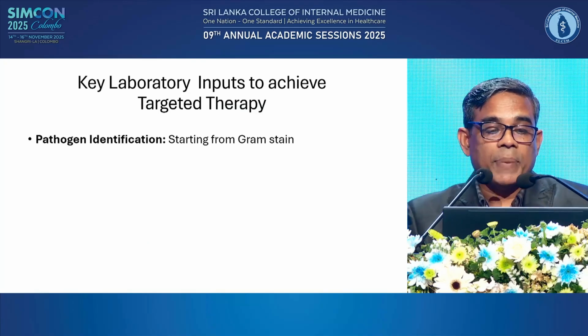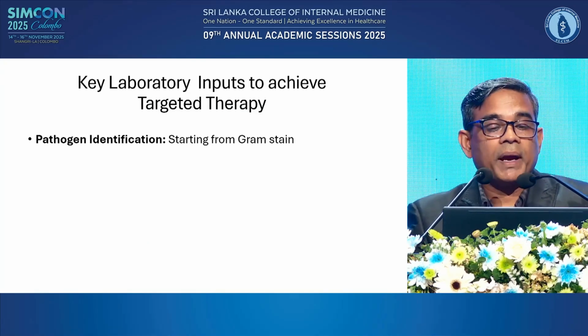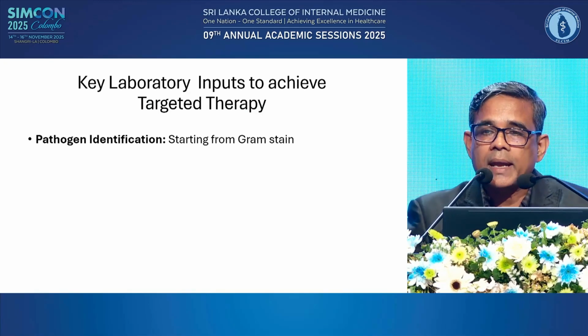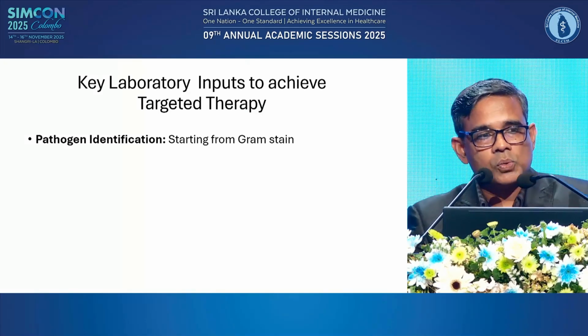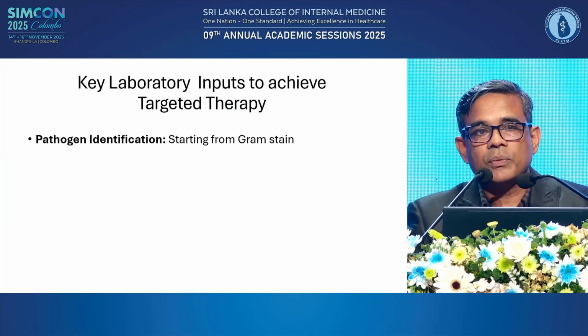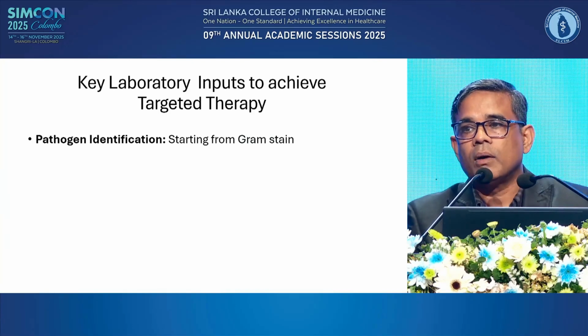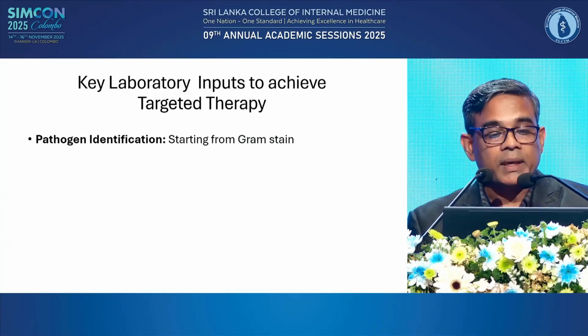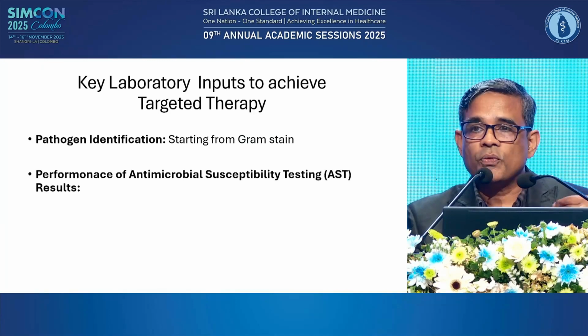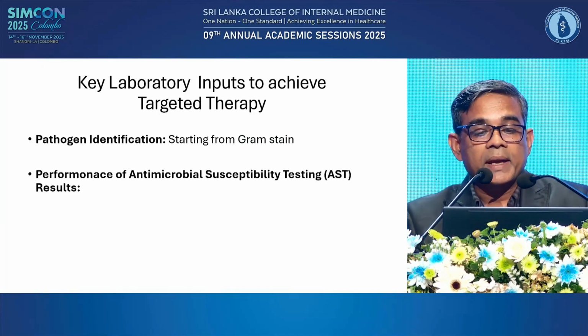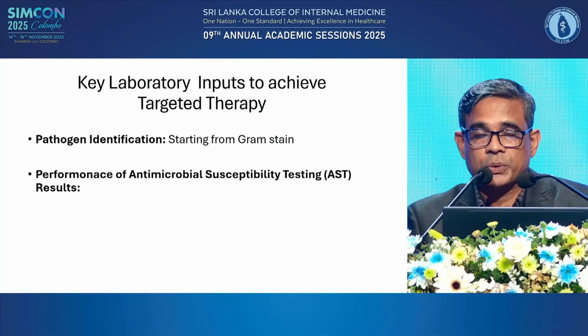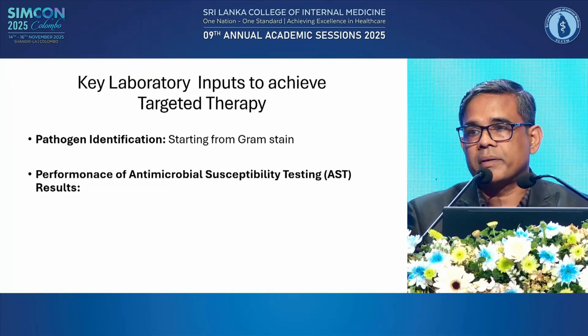First, pathogen identification. With microbiological tests, you can transition from empiric to targeted therapy because we provide you information on what pathogen causes the illness. The second one, we can provide you antimicrobial susceptibility testing so that you know what drug to select.